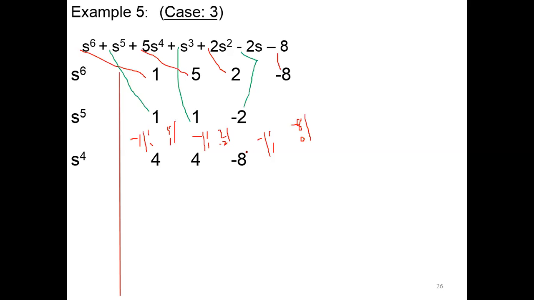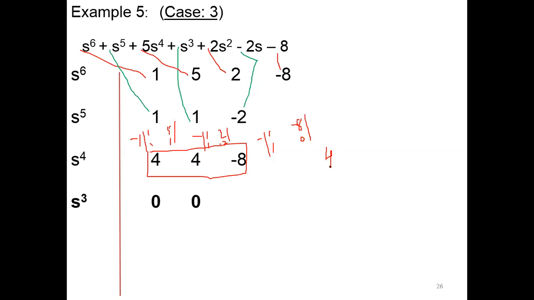Next, solving, we get a row of 0. So what will be the auxiliary polynomial? The row above this row of 0, so this 4, 4 and minus 8. How will we make the auxiliary polynomial? 4 will be multiplied with this s square.